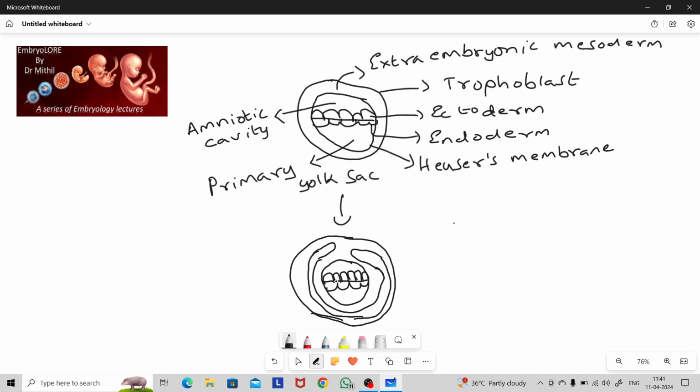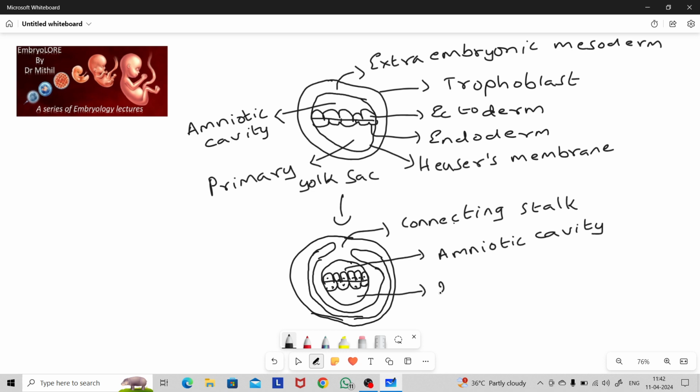Now there is an area where the coelom will not be extended, and that area is called the connecting stalk. Here is the amniotic cavity, and due to which the yolk sac became smaller, and now we are calling it the secondary yolk sac.